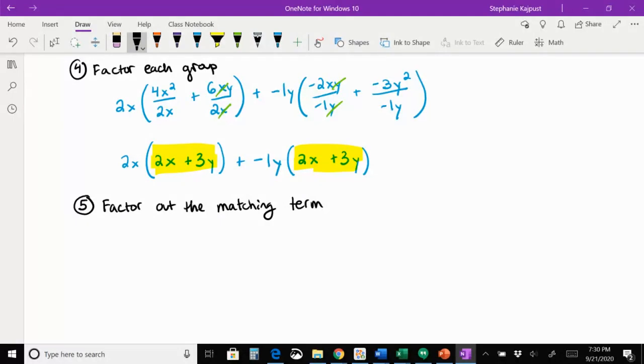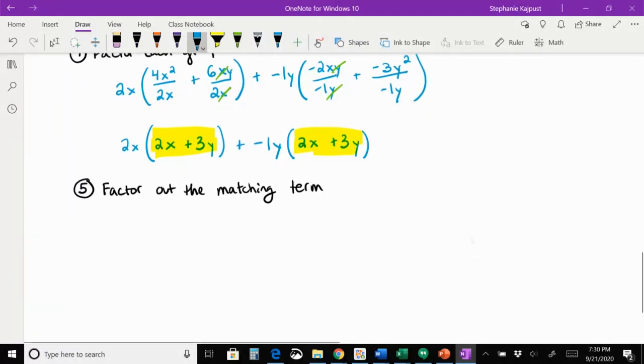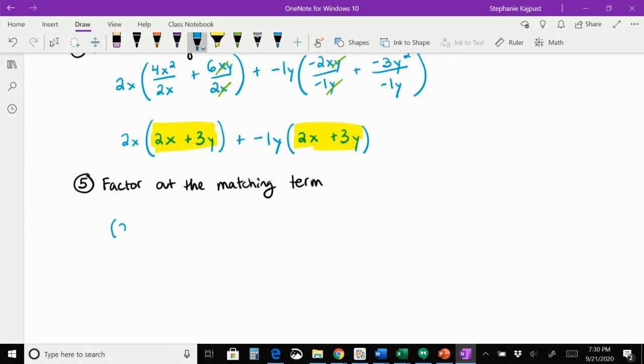So we're basically taking that 2x plus 3y and we're factoring out again. So that is now our GCF because that matches. And then you take each term, which we have two terms here, and then you're dividing out that 2x plus 3y.